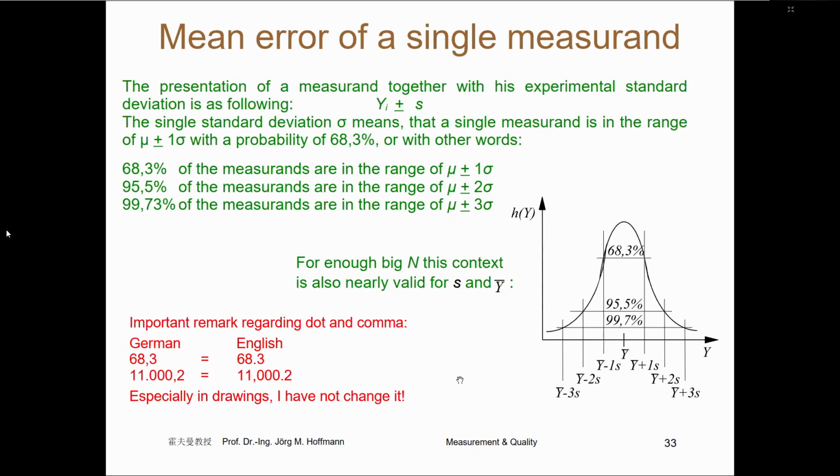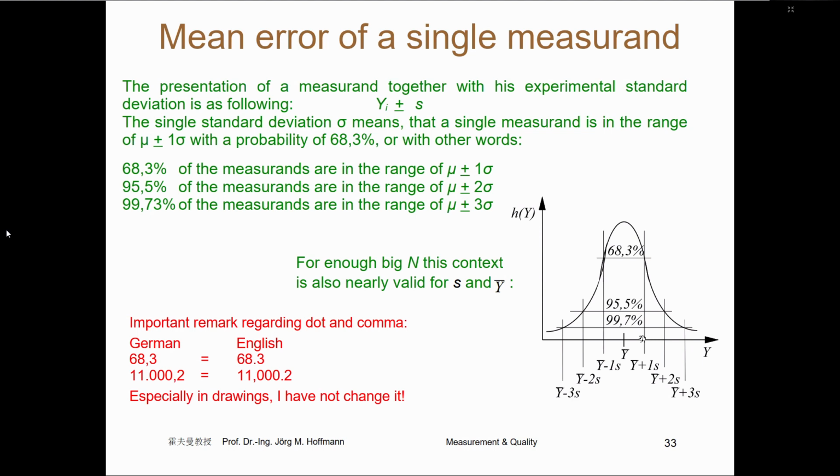You can now say we have here the mean, we have the normal distribution over this mean, and when we integrate over this area, that is the number of measurement values under this curve from mean minus s to mean plus s, then we have 68.3% of the measurement values under this curve.